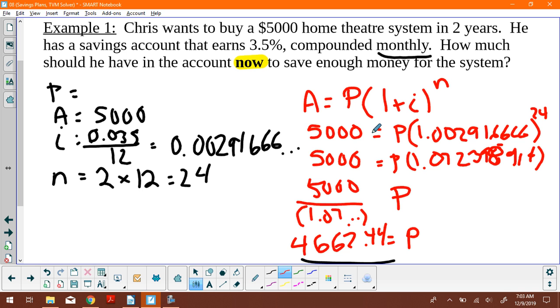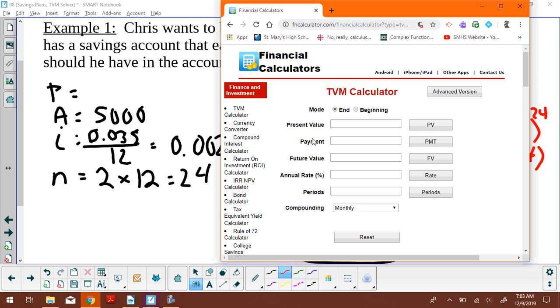Now, we could have done the same problem with the TVM solver. Even though it's designed for annuities, you can still use it for compound interest. So there's our TVM solver. Our present value, that's what we're looking for, so we leave that blank. For our payments, we're not making payments, so we put 0. Future value is what we wanted to save, so it's $5,000. Our interest rate was 3.5.